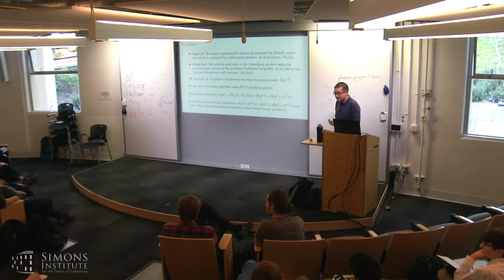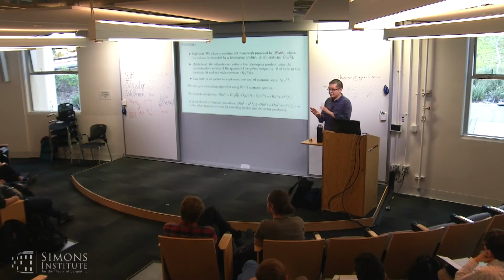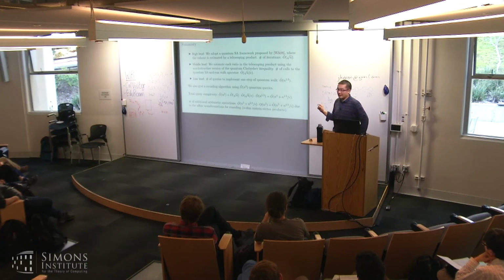Yes. In my talk I didn't cover it very carefully, but in the low-level part I talk about these quantum hit and run walk operators. We have a theory where we deal with everything in the continuous space, but in a specific section of our paper we also talk about its corresponding discretized version. For instance, you only have grid points. Imagine you have a really fine-grained grid for your convex body.